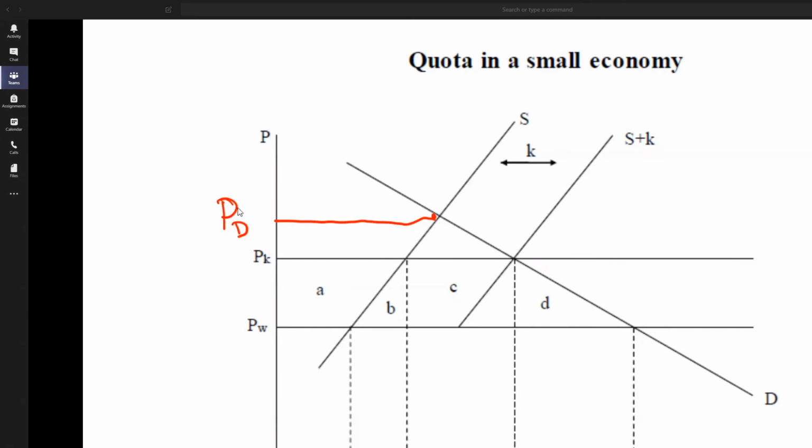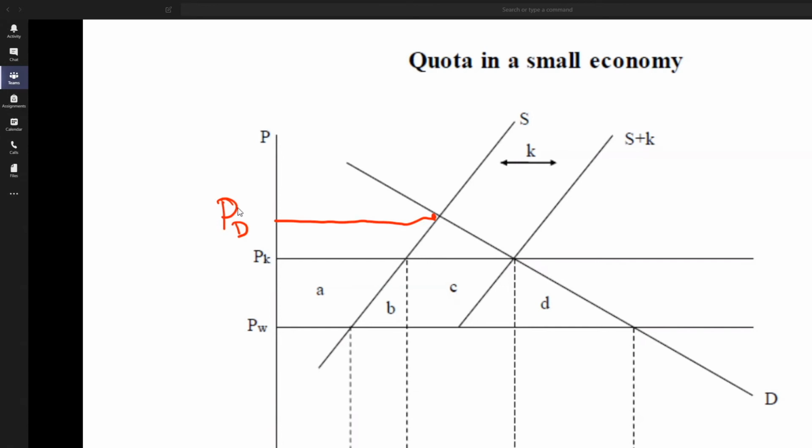Now the state decided it's possible to import only, for example, 500 products. This was 1,000 in free trade, and now we import only 500 products because of the quota. You can see 500 here. S2, D2 is the quota.